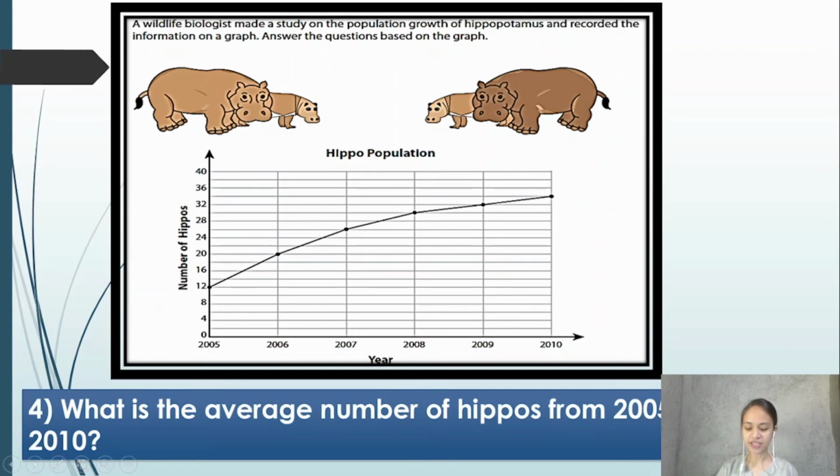So, the answer is 154 divided by how many number of years? 1, 2, 3, 4, 5, 6. So, 154 divided by 6. The average number of hippos from 2005 to 2010 is 25.67 or 26.